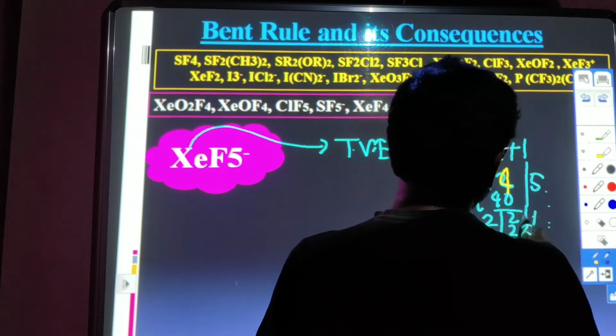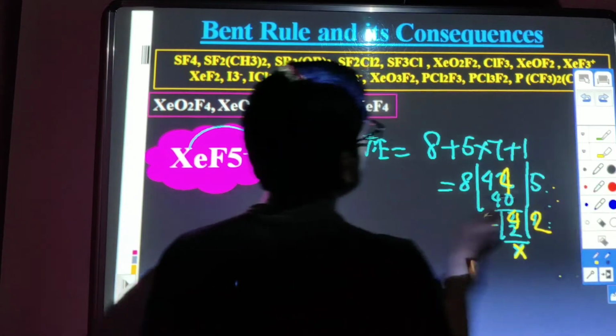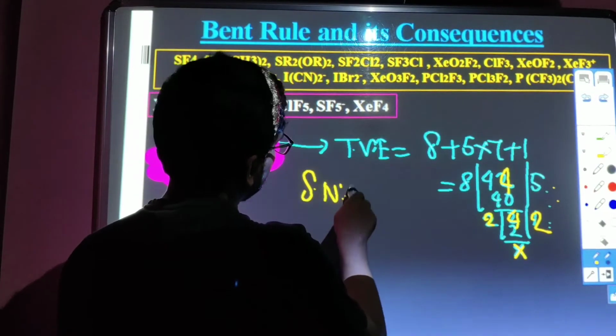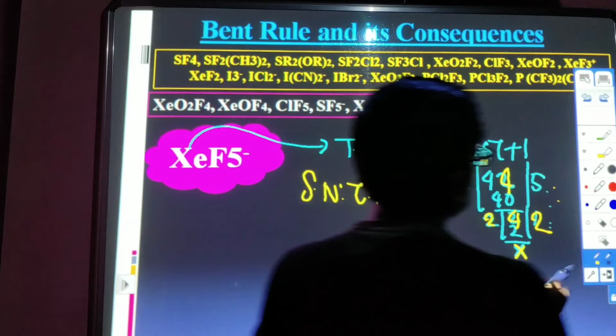So steric number 7, hybridization is sp3d3.